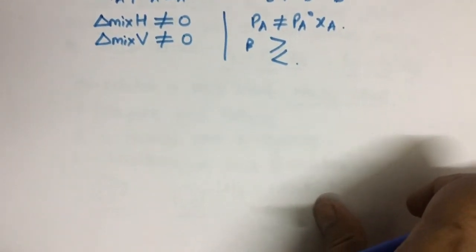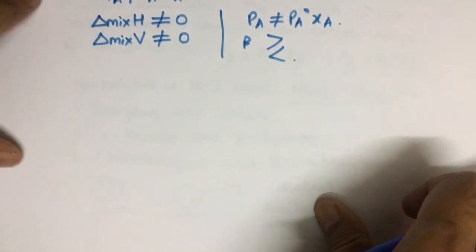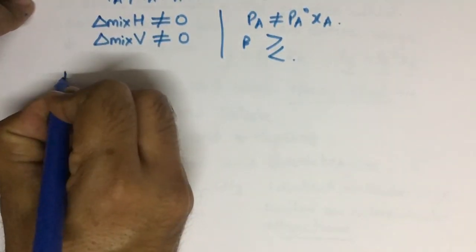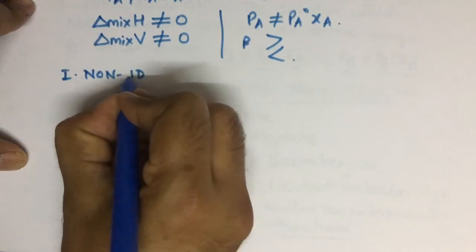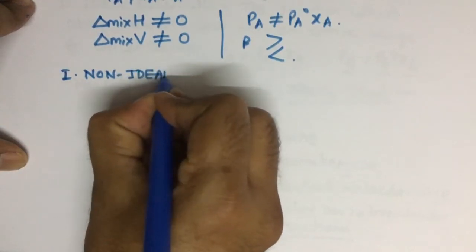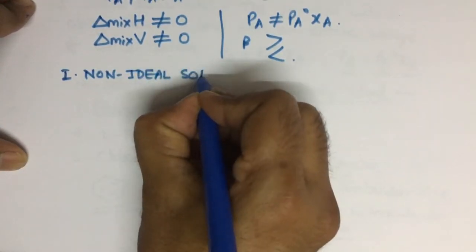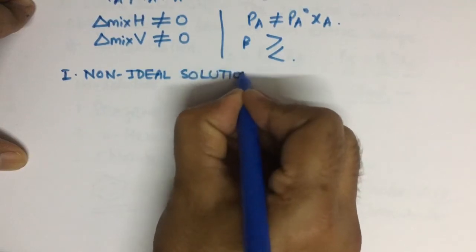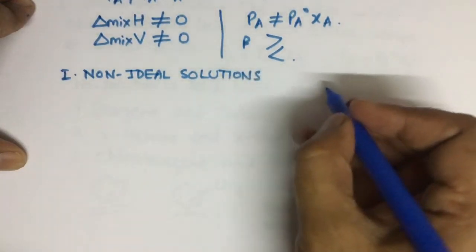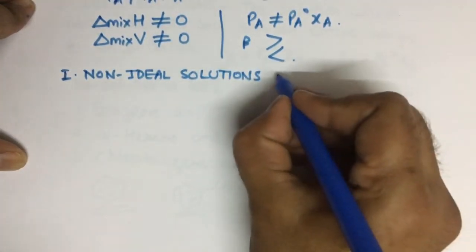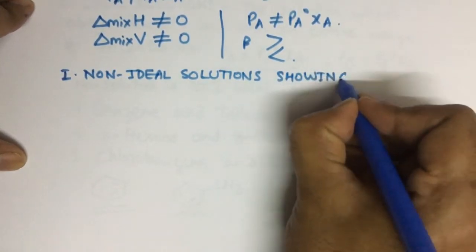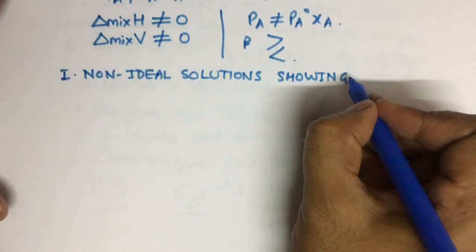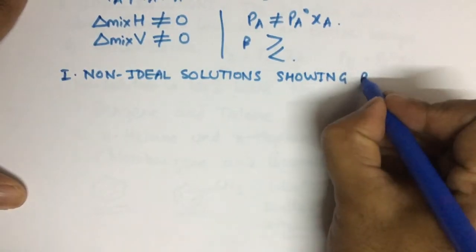So first is non-ideal solutions showing positive deviation from Raoult's law.